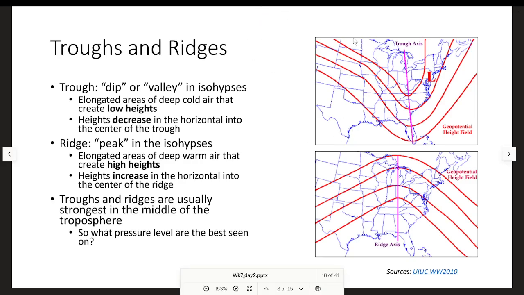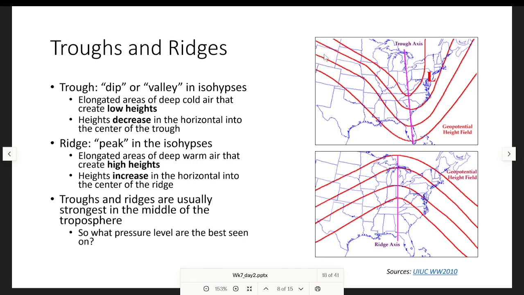This is how the air current is flowing, from west to east, and from this continental polar region into this maritime tropical air mass. It's pulling the continental polar air mass down into the maritime tropical.